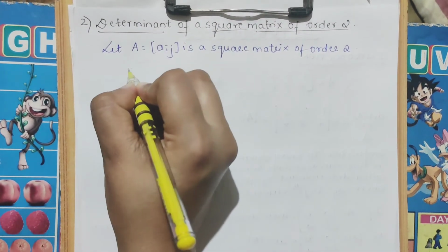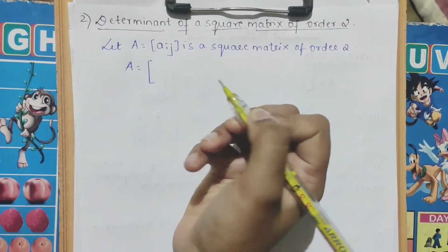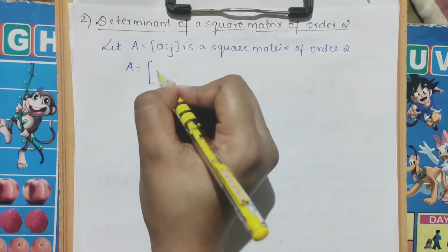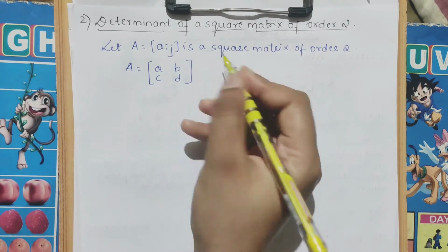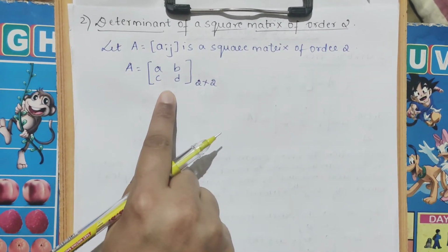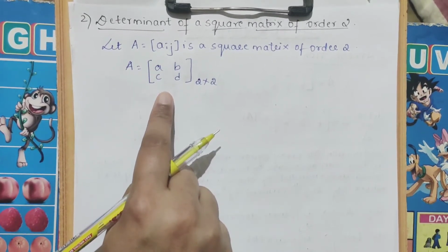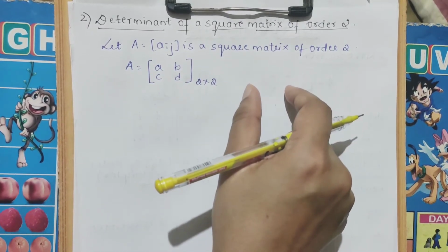Suppose A is equal to, a matrix of order 2 means you will have 2 rows and 2 columns. So you can take a, b, c, d. This is 2 cross 2, a square matrix of order 2. Then how is its determinant found? First of all, it will be given as a matrix, so you have to write it in determinant form.